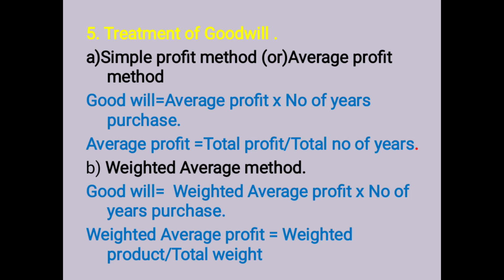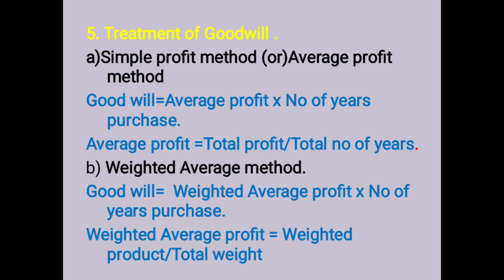And next, the weighted average method. The weighted average method of goodwill is computed by assigning weight to the profit of the previous years. More weightage is given to recent profit and less weightage to older profits.